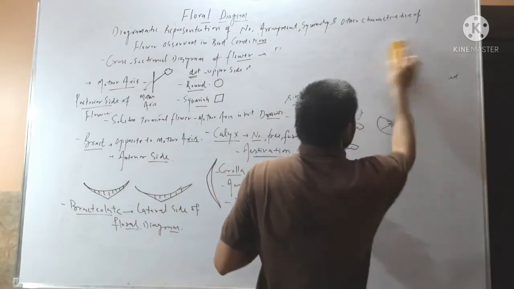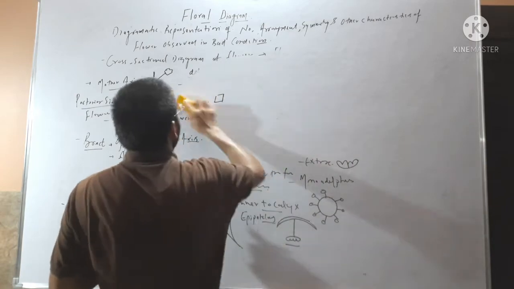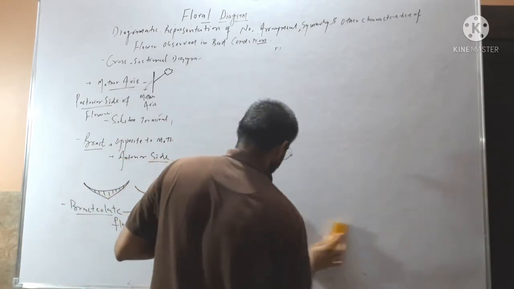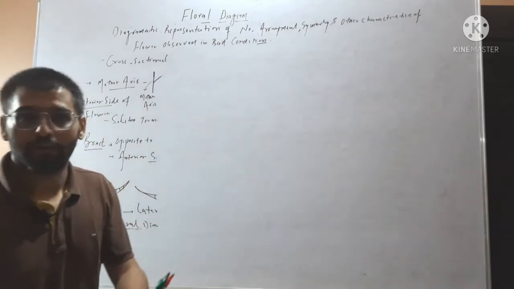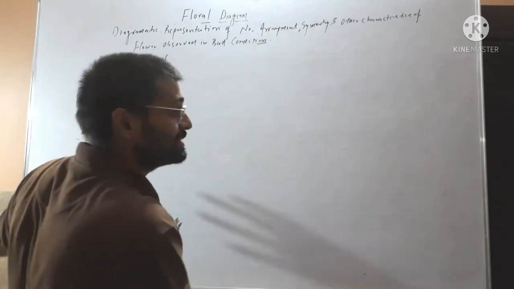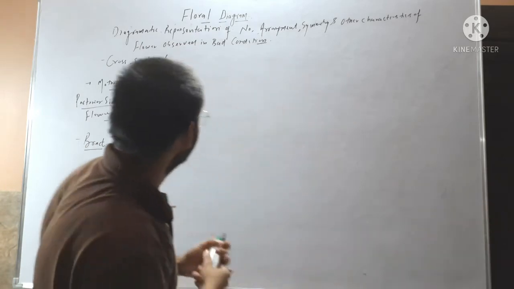So here suppose we have a flower, then we will note down the characters of the flower, and by using these symbols we will draw a floral diagram.